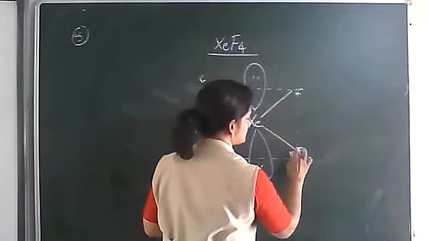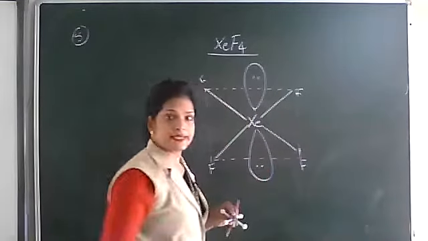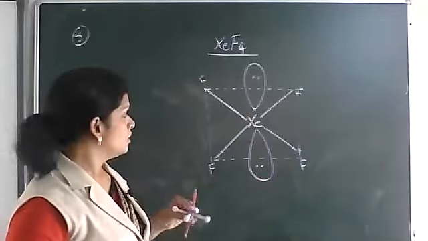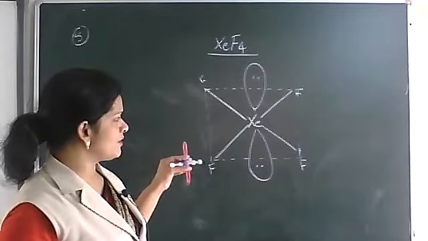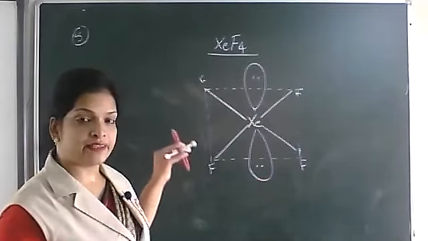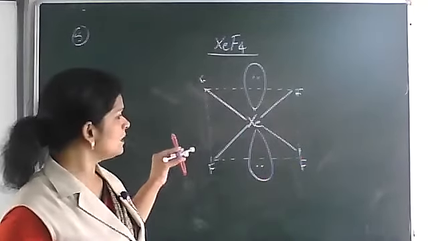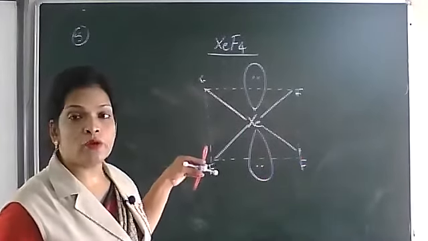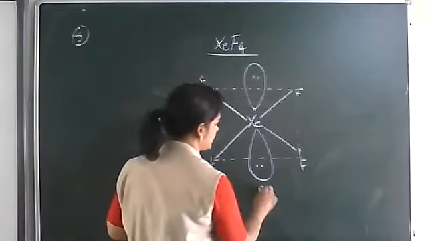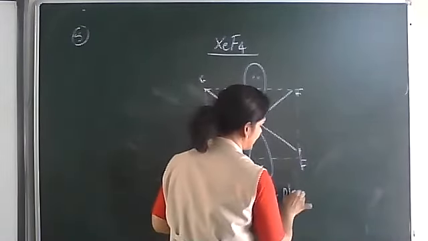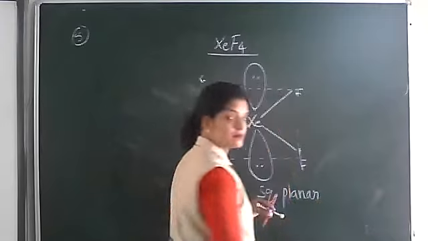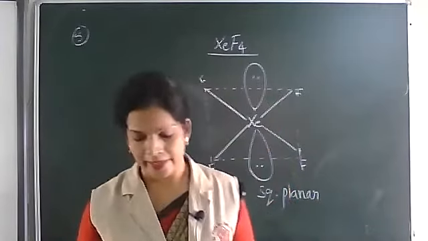So the shape of XeF4: look at only all the 4 F and then Xe. This is square planar, one lone pair above, one lone pair below. The shape is square planar.